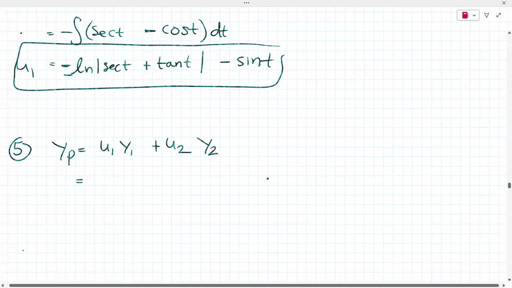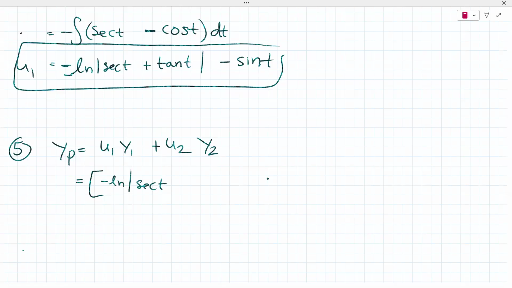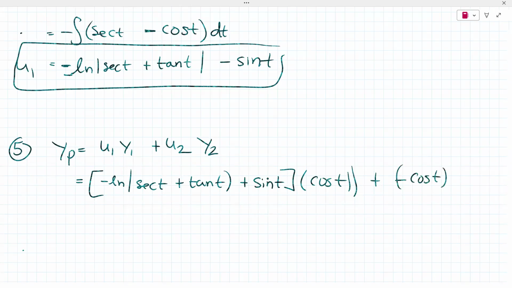So we have everything we need. It's going to be negative ln of the absolute value of secant of t plus tan of t, plus sine of t. That whole thing is my u1, times my y1, which is cosine of t, plus my u2, negative cosine of t, times my y2, which is sine of t.